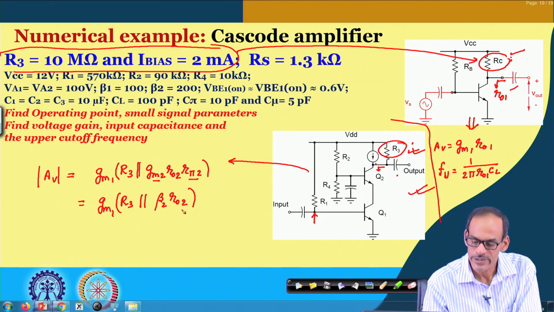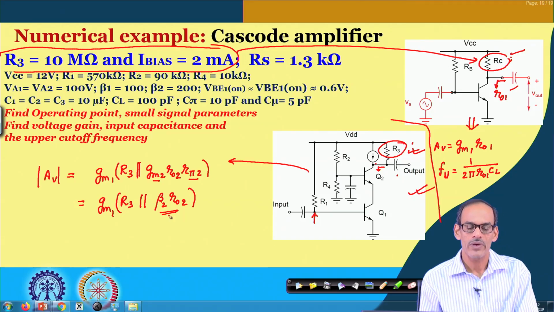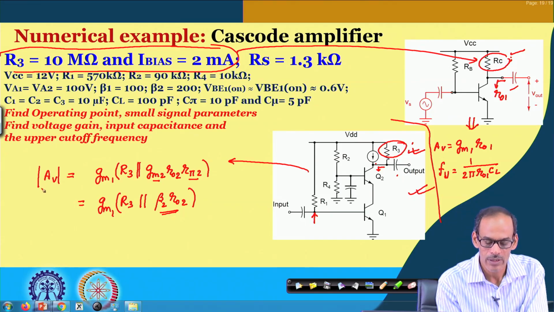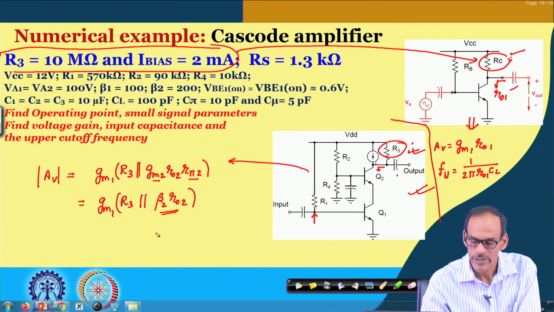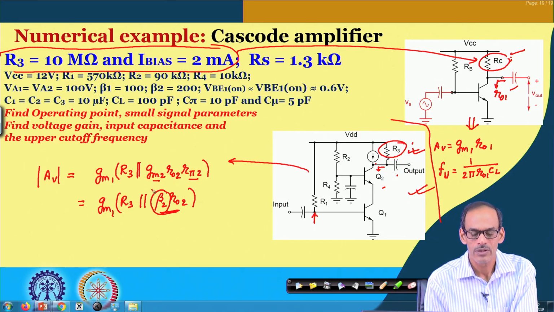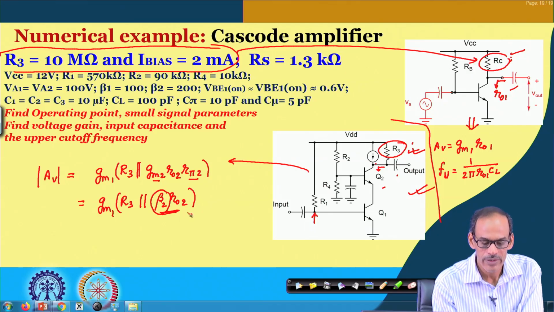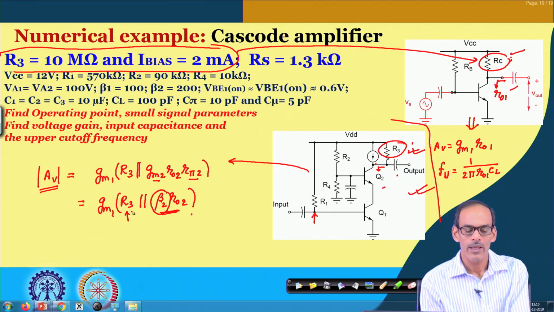So, the cascode structure helps us increase the output resistance by a factor of beta of the cascode transistor. To get the advantage of that on the gain, if you take this R3 also in the same order, then only it is meaningful.